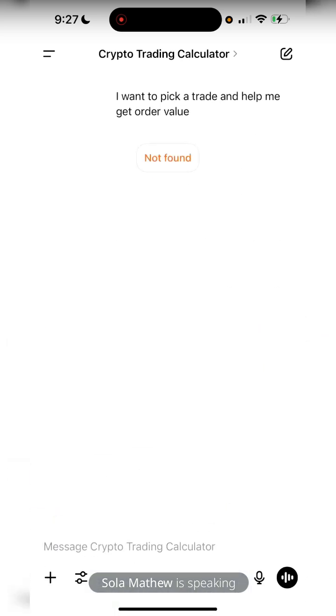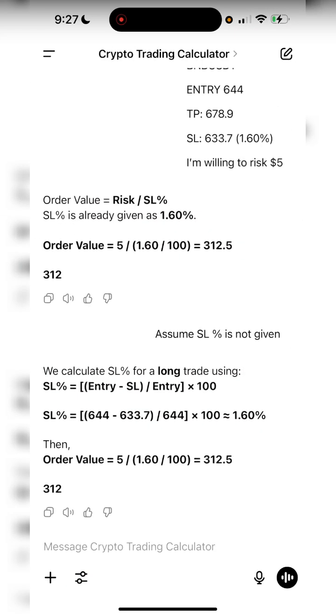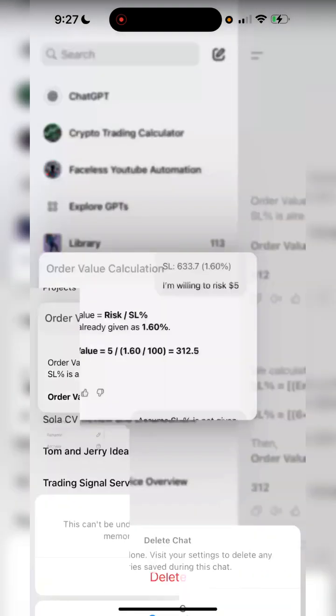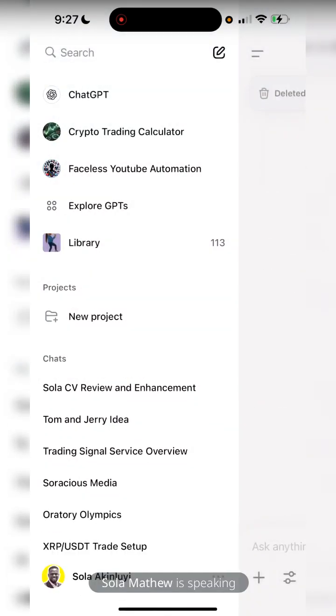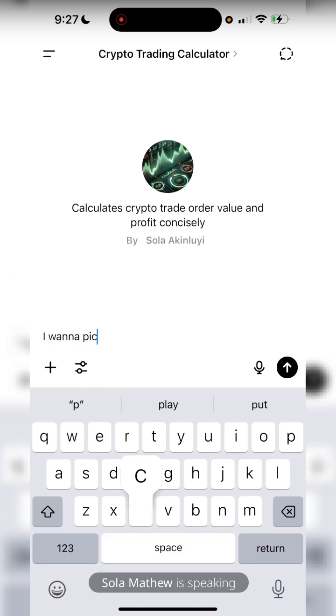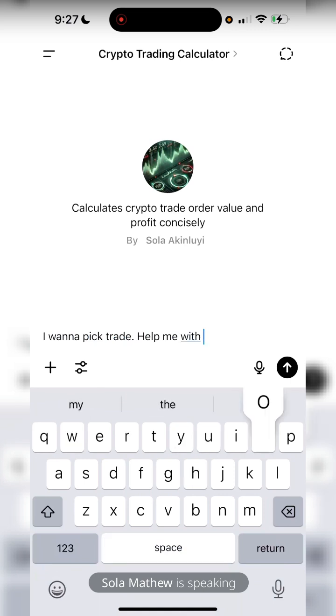Because I've already programmed it, it says not found. So because I've been using it here before, let me just delete this one and tell it to do it again. So this is the GPT. I'll say, I want to pick trade, help me with order value.